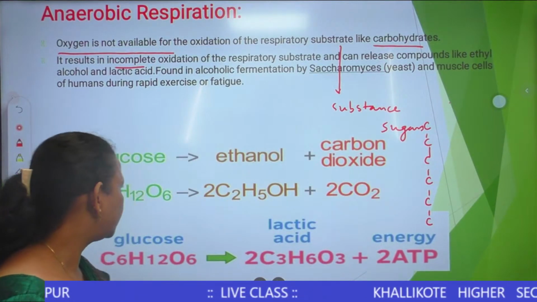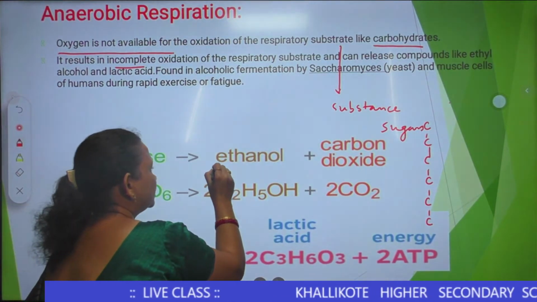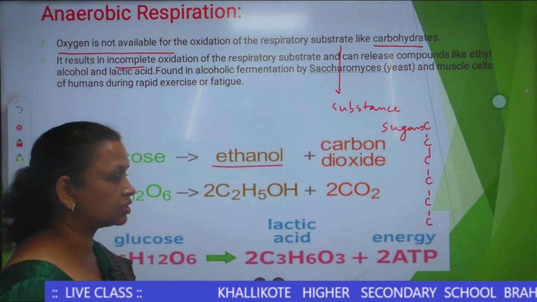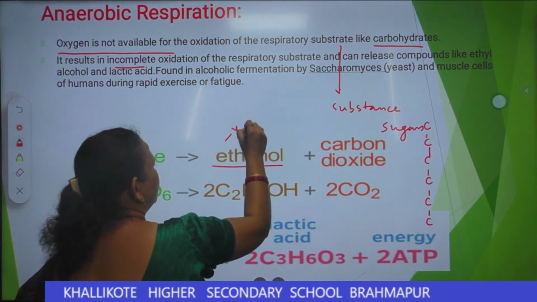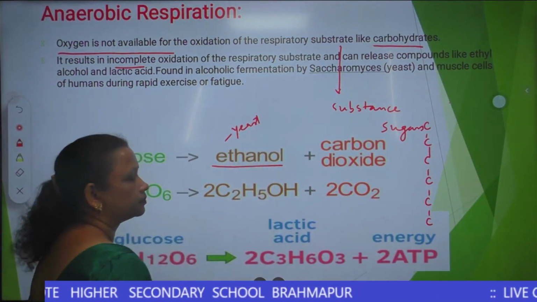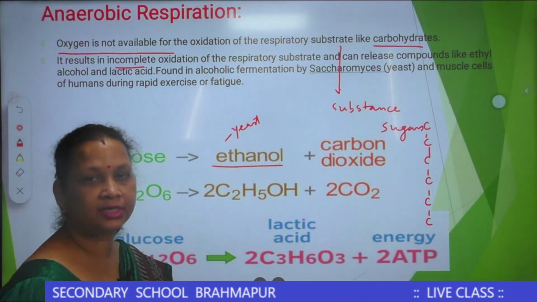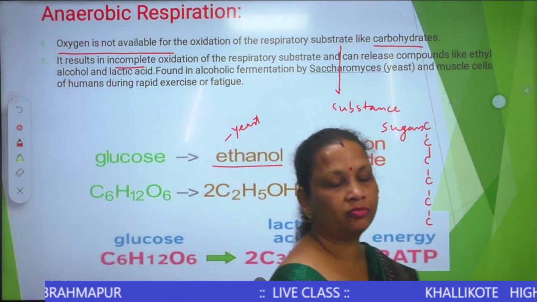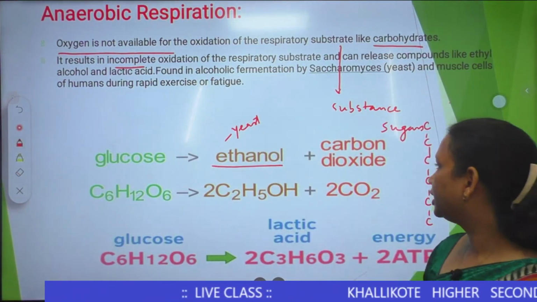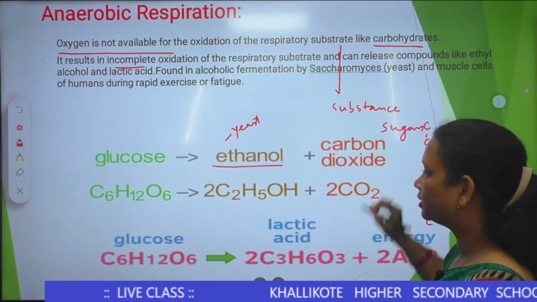For example, in ethanol fermentation, carried out by Saccharomyces or yeast cells, yeast cells contain the enzyme zymase, which helps in the breakdown of glucose into ethanol and carbon dioxide.